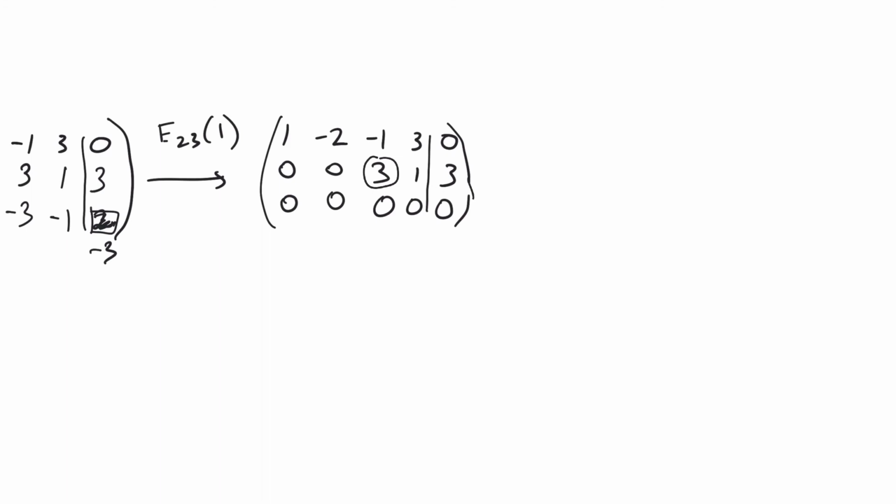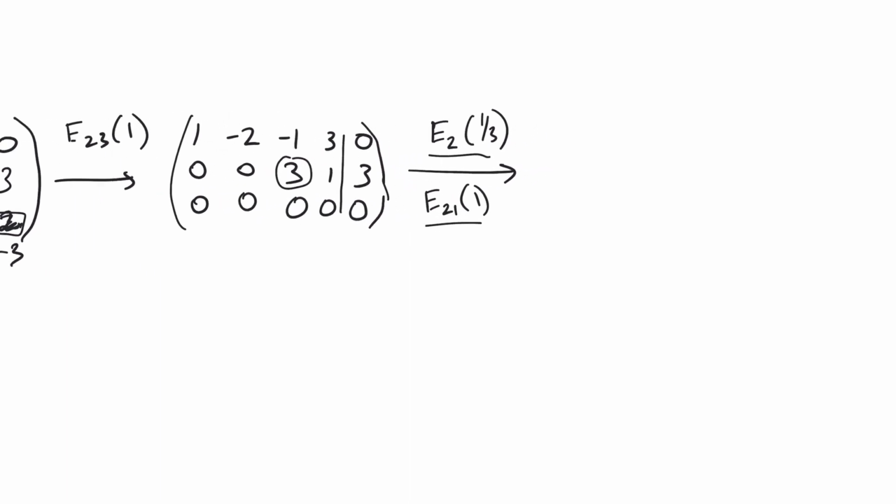And while I'm doing it, I will say, all right, row 2 plus row 1, notice that will be a 1, store to row 1. So what we'll have is E2 of 1/3, and then E21 of 1. Notice that this step must precede that one, or for this to even make sense, because I'm acting on the same row.